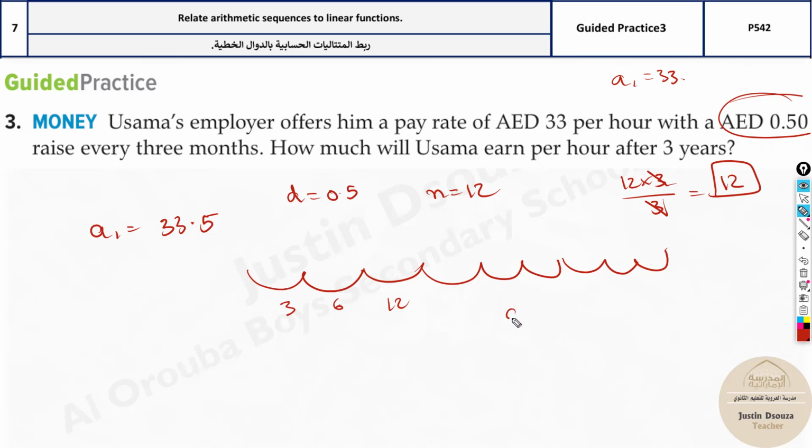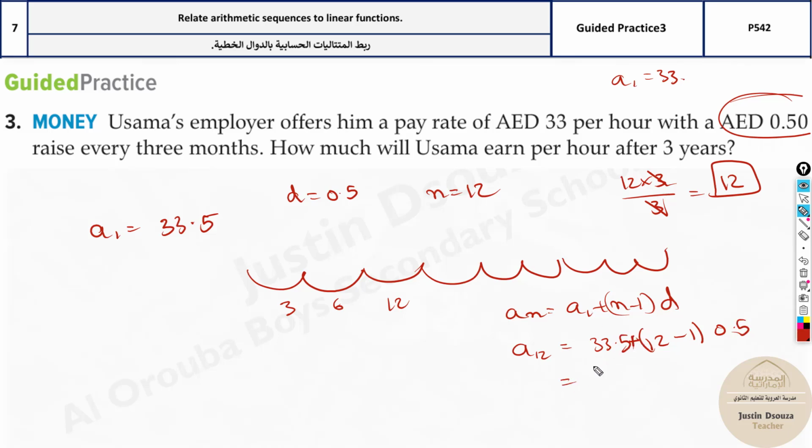These are the givens. So an is equal to a1 plus n minus 1 times d, right? Now substitute a12. That means after 3 years, it will be 33.5 plus n minus 1 times d, where n is 12 and d is 0.5.